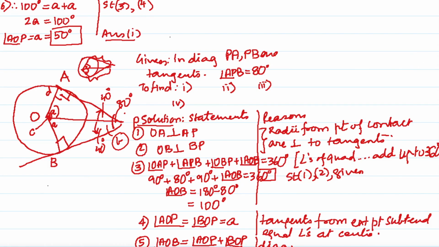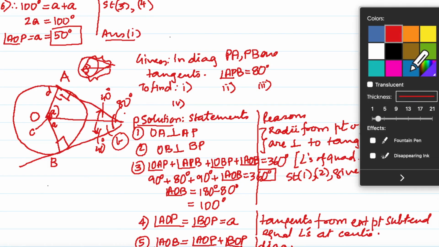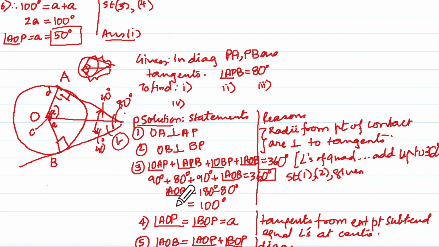Okay, you're with me so far? Now I'll have to change the color, otherwise you will find it confusing. So I'm going to come to statement number 7. As of now, I just got this. This is how much? 50 degrees. This is how much? 50 degrees. Okay. So I'm writing this much. Okay. What is the second one? B. B is this angle over here, this one.